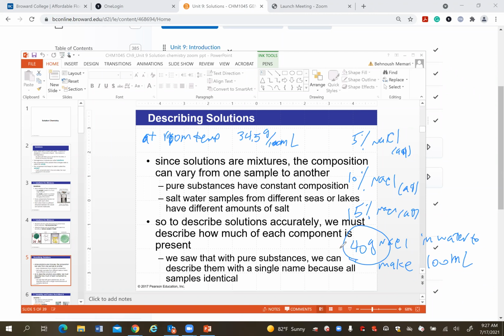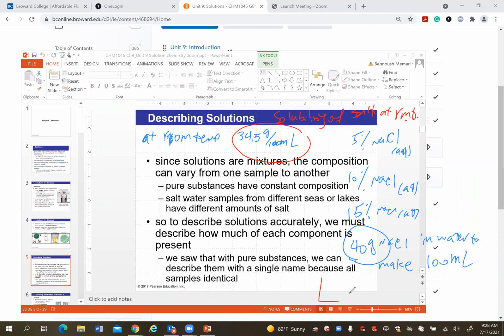With this information, now your answer would be no, only some of it dissolves in water, because when you say solubility, this number shows the solubility. At room temperature, 34.5 grams of it would dissolve.